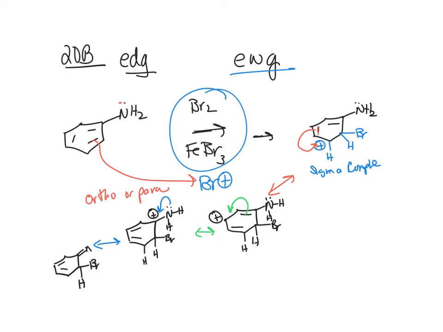And the reason why, this one right here explains why this is an activator. An activator means it's going to be a lot faster reacting than benzene. And it's because these lone pairs can go into the ring and the positive charge is stabilized on the nitrogen. And that's a more electronegative atom than carbon. So this is going to be very activating.